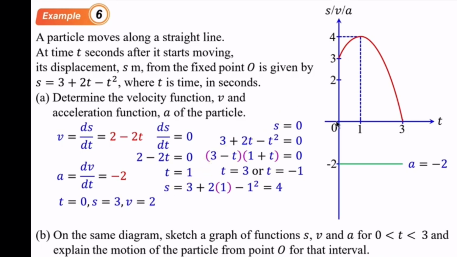And then for the function of the velocity, we can draw a straight line, but the vertical axis will be v, and the horizontal axis will be t, and the gradient is -2. It shows that the line is going down, right? The gradient is negative, so we will find the best two points: we let t be 0 and we get v as 2, and then we let v be 0 and we get t as 1.